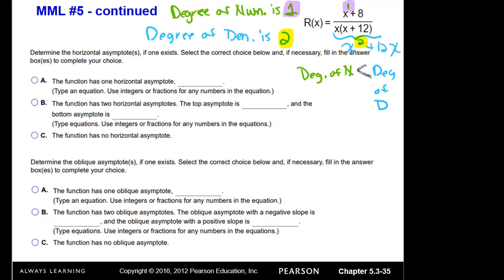It'll have one horizontal asymptote right here, and it says type an equation, y is equal to 0, which is your x-axis. Anytime the degree of the numerator is smaller than the degree of the denominator, y is equal to 0 will be your horizontal asymptote.